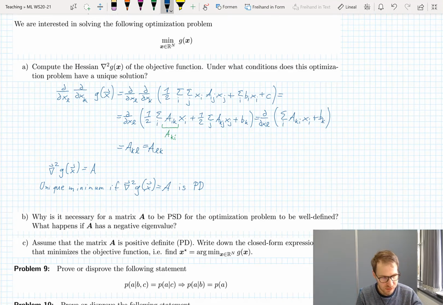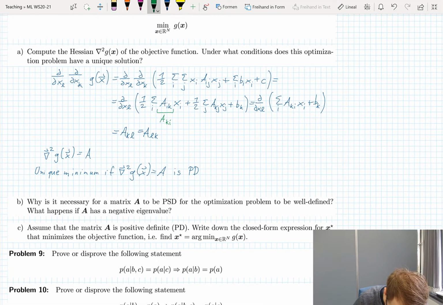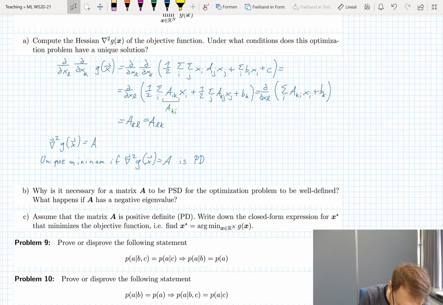Okay, some small addition to this. What is the Hessian if it's not symmetric? The symmetry just makes the whole thing easier, because if it's not symmetric, we cannot do this step here. We cannot switch the indices here, and then we have to handle the left-hand side different from the right-hand side.